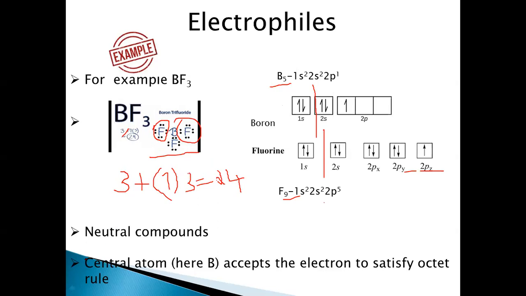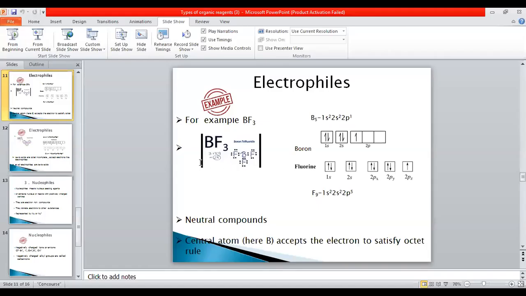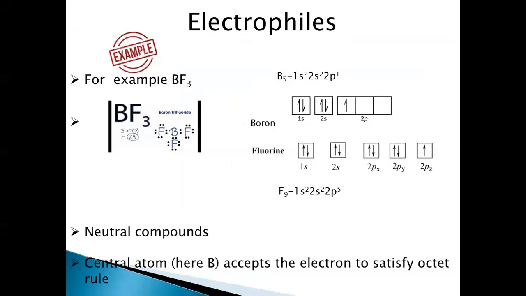But when we look at the electronic configuration of boron here, the outermost configuration is 1, 2, 3, 4, 5, 6.